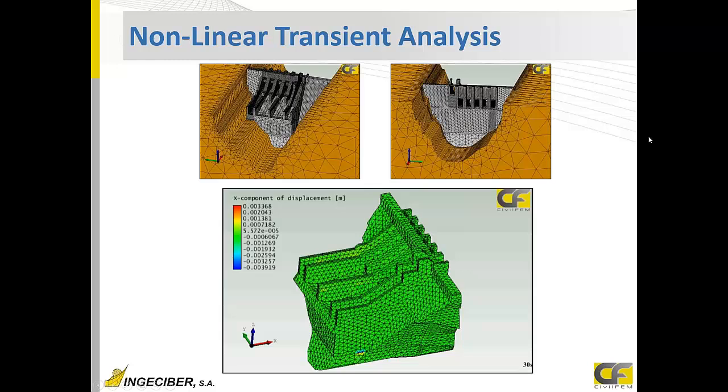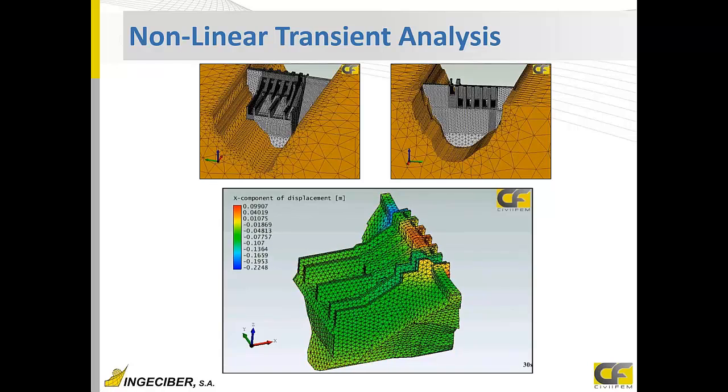And finally, we can solve a real nonlinear transient analysis with concrete nonlinear behavior and with an accelerogram or a displacement history at the base of the model. In this model we are using concrete blocks with contact elements between the different concrete blocks, and we are applying this accelerogram, and here we can see a small displacement slippage between the different concrete blocks.